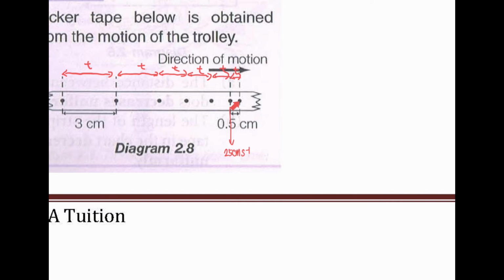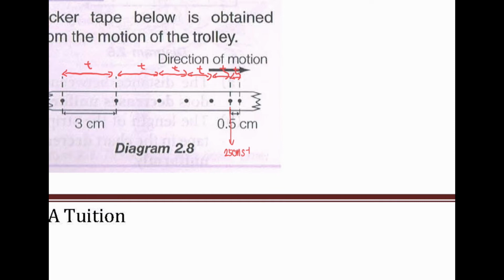That's why we don't take this point as the initial velocity. It reached the velocity of 25 cm per second at this point after 0.02 second. So that's why we take here.